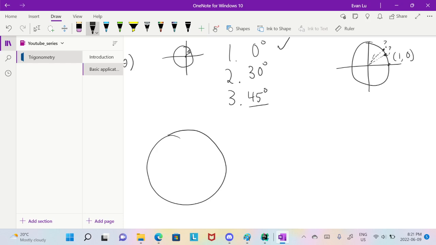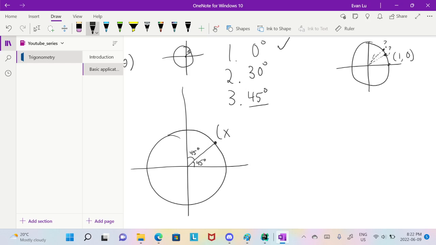So let's say here's a unit circle, and I draw in the 45 degrees angle. Something I can notice right away is that this other angle over here is also going to be 45 degrees. They're going to be reflections of each other, and because of that, what we know about this point is that it should have 2 of the same coordinate.